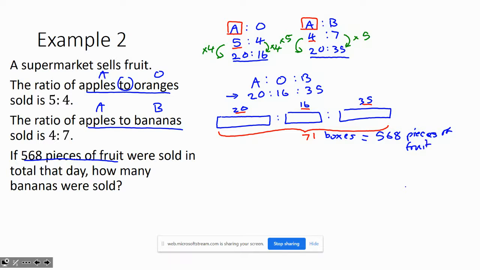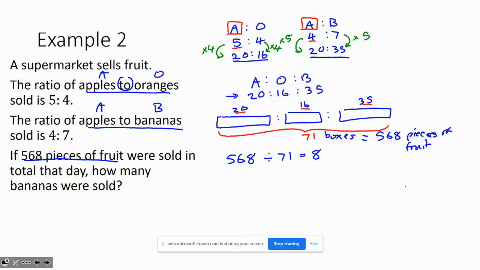Okay, so to find out what one box, or one part of our original ratio, is, we need to do 568, that's how many we've got altogether, divided by 71 to get what one part of our ratio is, or one box. So 568 divided by 71 on your calculators gives us a nice value of 8.